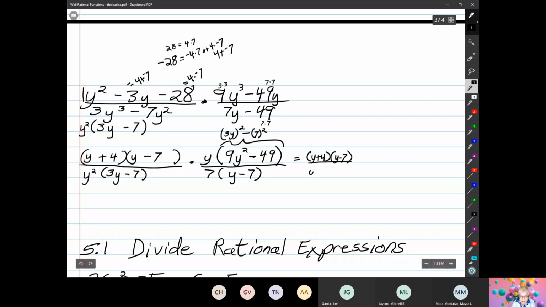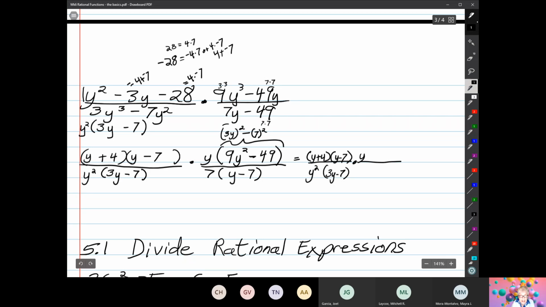Over y squared times 3y minus 7 times y times the factorization of 9y squared minus 49, which is parentheses 3y squared minus parentheses 7 squared.